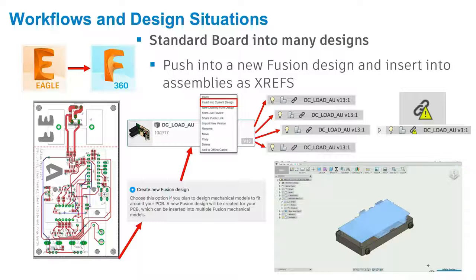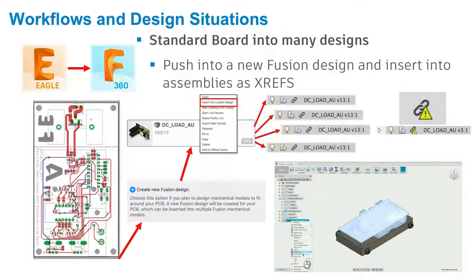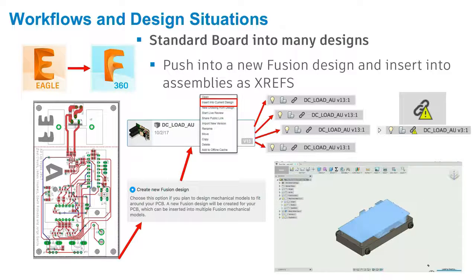So what we want to do in this situation is take our Eagle board, create a new Fusion design, and then we'll have our board-only design. Then we want to insert that Fusion design as an XREF component into our assemblies. What this allows us to do is keep the Eagle to Fusion link in a single design.